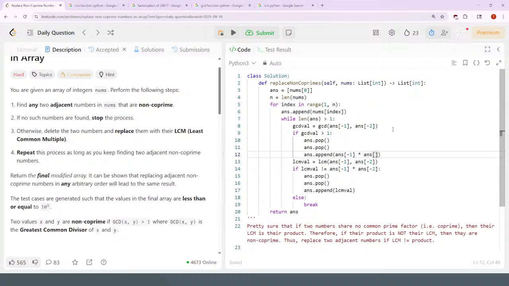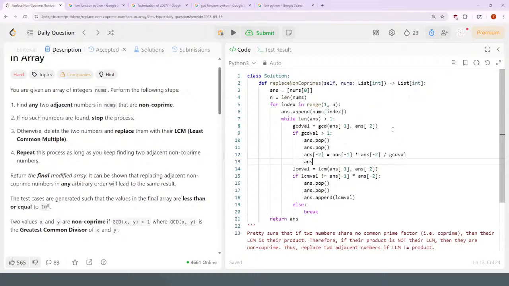Oh no, if I pop it, I don't have a track for it anymore. Okay, I think maybe I can just do something like this. Answer at -2 is equal to the product of answer at -1 times answer at -2 divided by the GCD value. And then I just pop once.